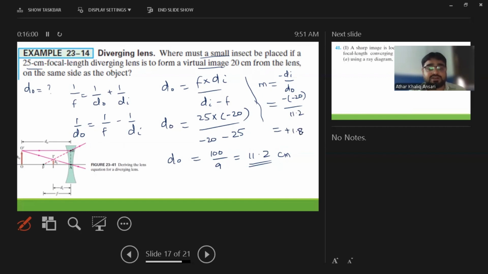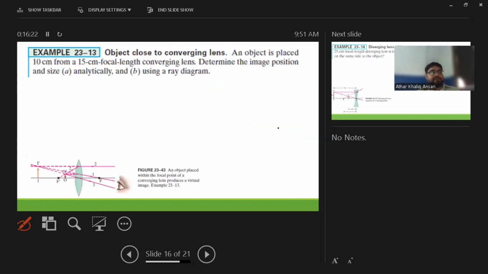So it is almost 2 times bigger. It is enlarged, 1.8 times enlarged, and the sign is positive now. Magnification is positive because it was upright. I told you when the image is upside down, you put negative. Now it is upright, so negative will automatically go away.